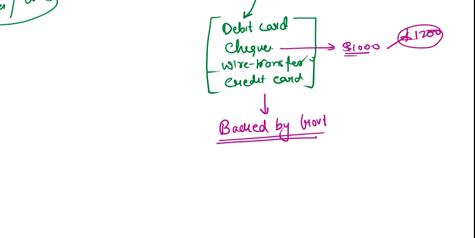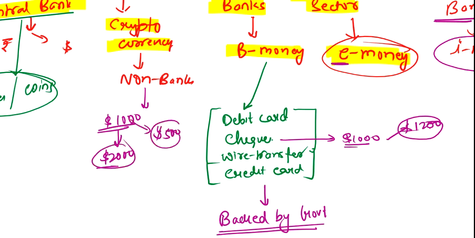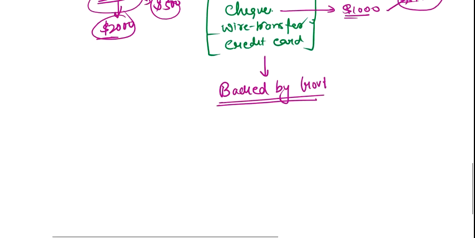Because they are stable. But suppose you have today crypto of $1,000, possibility that tomorrow it can become $2,000 or it can become $500. Clear? So the money is not stable, but the money which is issued by the banks, they are stable. Okay, because they are backed by the government.